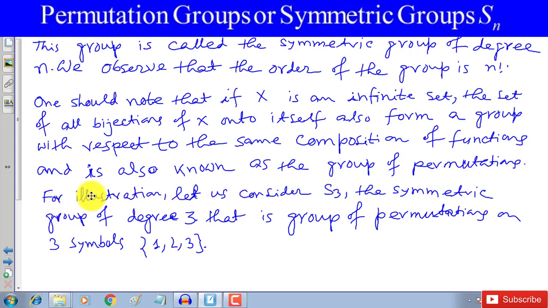For illustration, let us consider S3, the symmetric group of degree 3. That is, the group of permutations on three symbols 1, 2, 3.